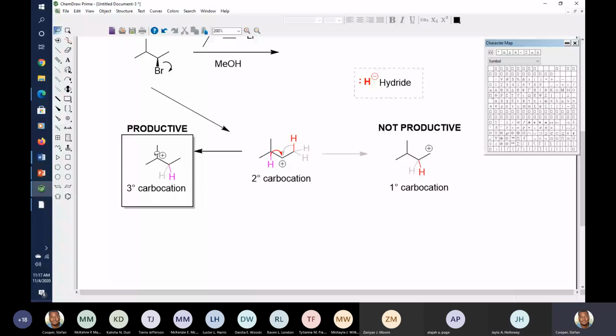Why didn't you put one on the end? Because it's one line, meaning it's 3 hydrogens. Yep, there's 3 hydrogens understood here. That's right.